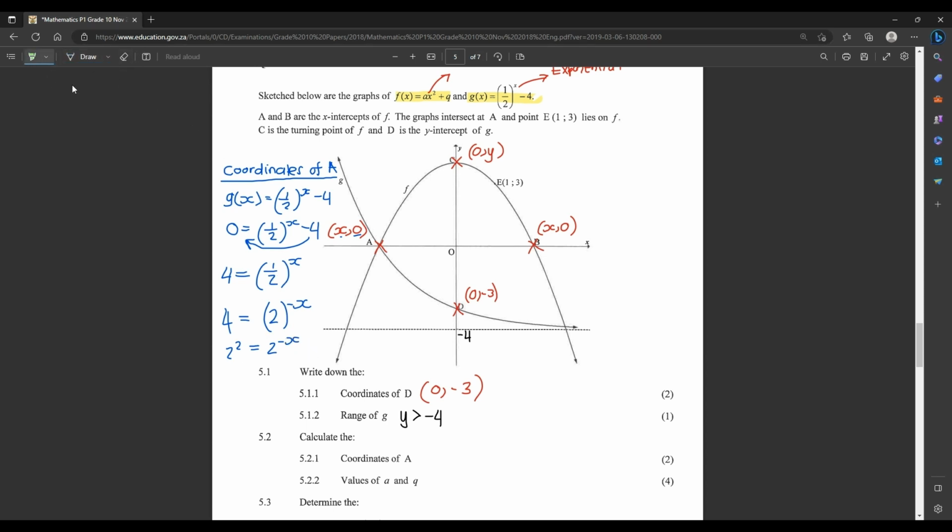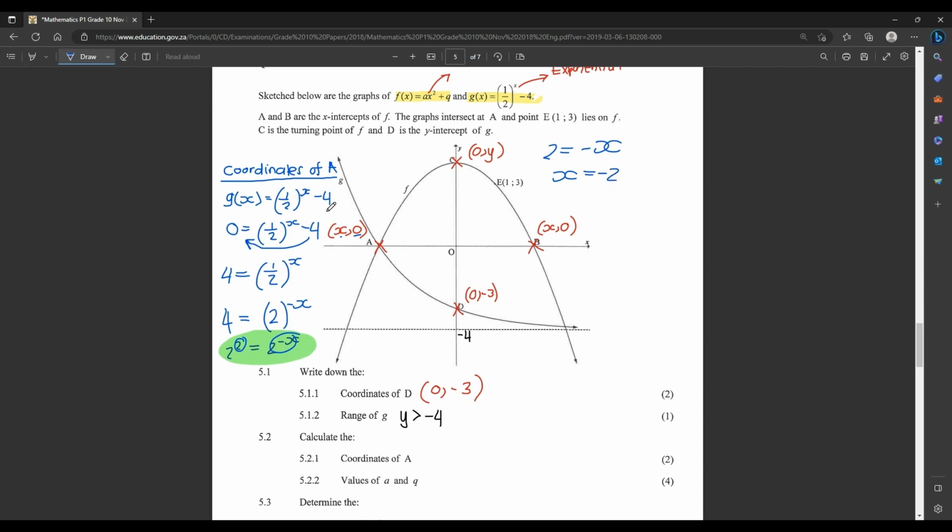As soon as we have it in this form, it's looking really good for us to figure it out. The bases are the same, so here we've got 2 at the bottom of both of them. According to our exponent laws, we can just say that these top exponents are equal. So 2 is equal to minus x, which means that x is equal to minus 2.